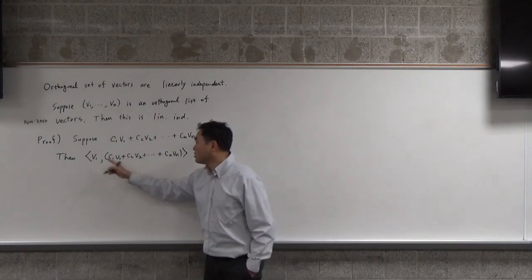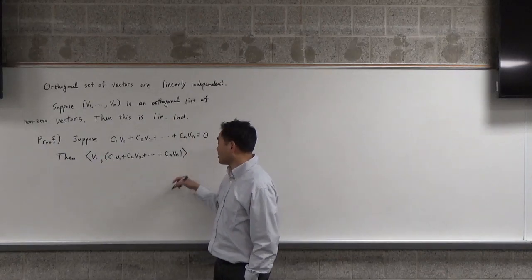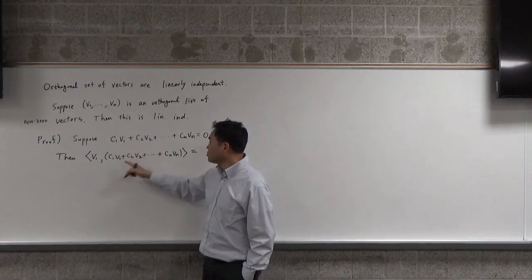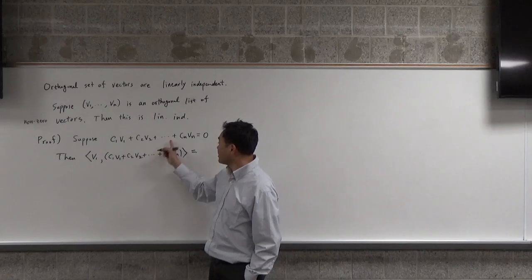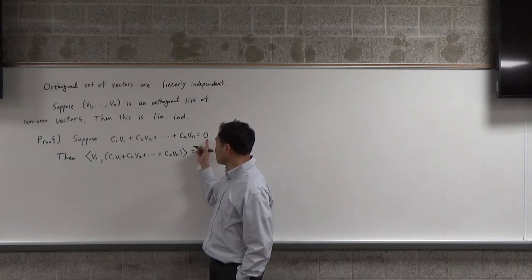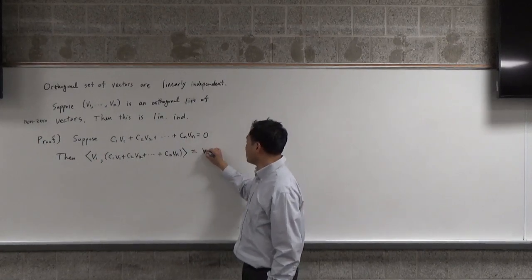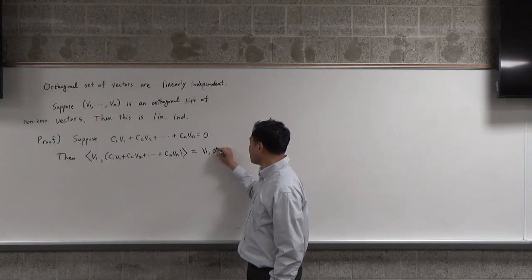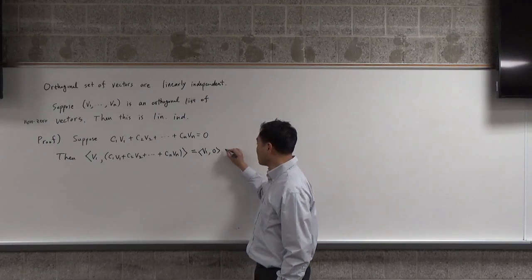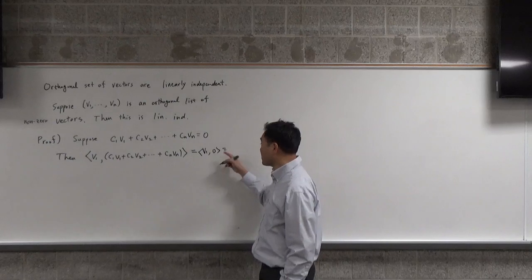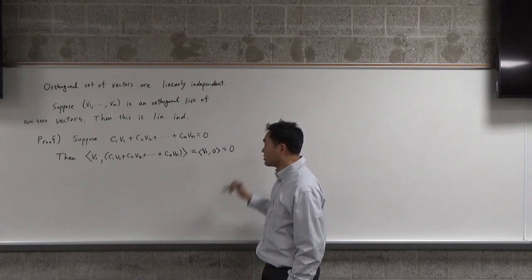If you have V1 dotted with this entire thing, since we are assuming that this is equal to 0, we just have V1 dotted with 0, or inner product with 0, and anything inner product with 0 by linearity has to be 0, right?